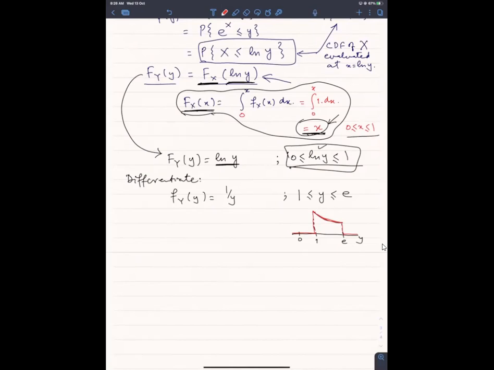You can find the expected value of y. As minus infinity to plus infinity. और in fact मुझे minus infinity से plus infinity करने की जरूरत नहीं है. Why? Because you know कि it's only non-zero between 1 and e. So all you need to do is integrate from 1 to e, 1 over y into y dy.